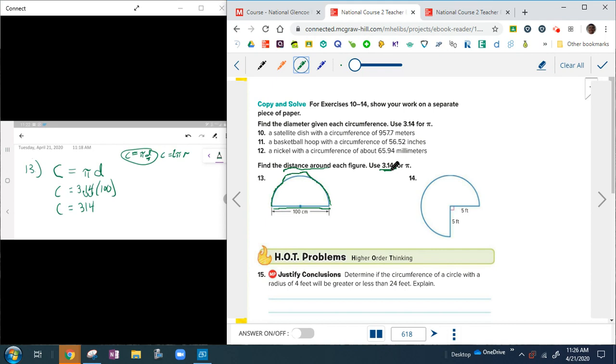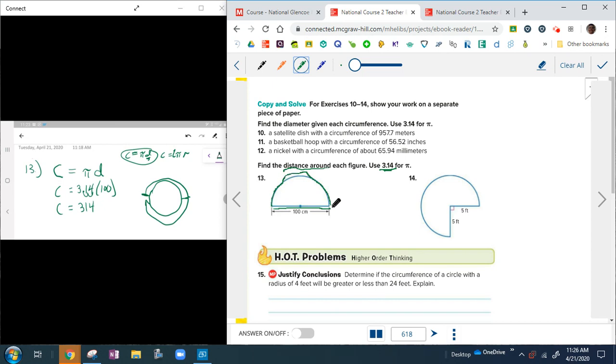Now, are we talking about a whole circle all the way around, or do we just want to go from here to here, halfway around? Well, in this picture to the right, we have a semicircle. We're just going halfway around.